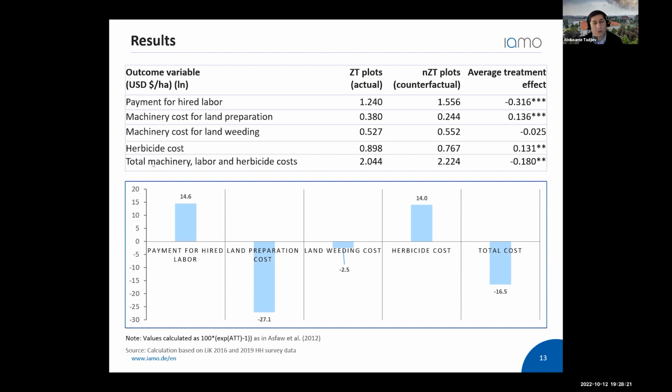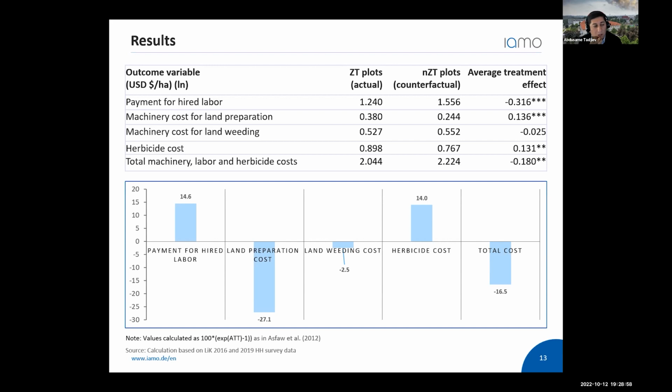Michelle's question was about the benefits of non-zero tillage. Michelle, I'm sorry, but I couldn't calculate the benefits, the profits of non-zero tillage adoption, as we focus only on costs. Because in the case of Central Asia, also in Kyrgyzstan, most households may use zero tillage as cost minimization, because there are some financial problems among households.